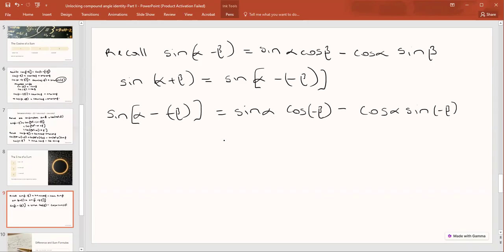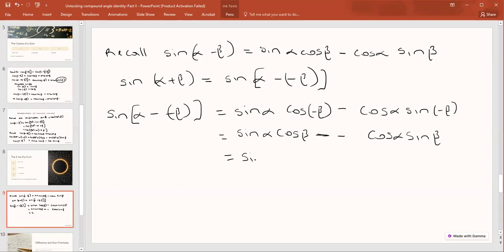Once more, we're going to use the negative angle identity to obtain sine of alpha times cosine of beta minus, because this boils down to minus sine of beta, so we have minus times minus cosine of alpha times sine of beta.